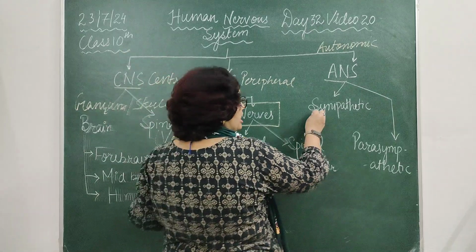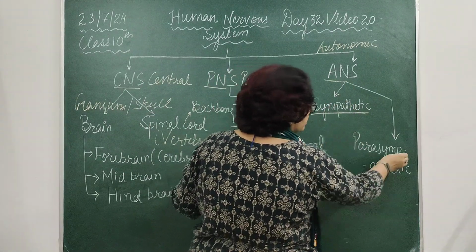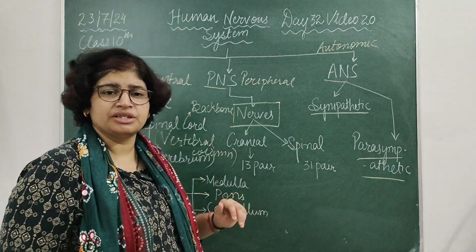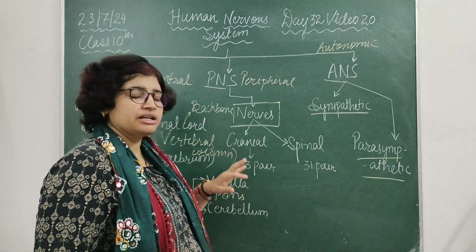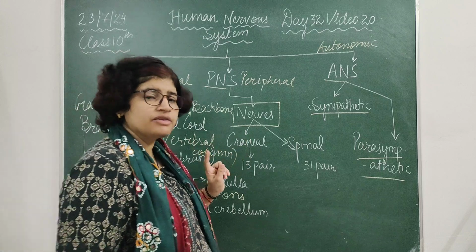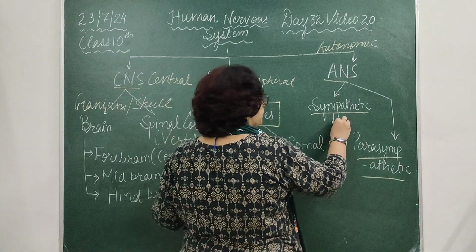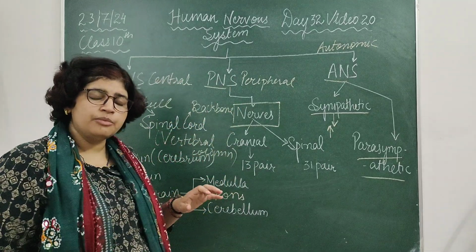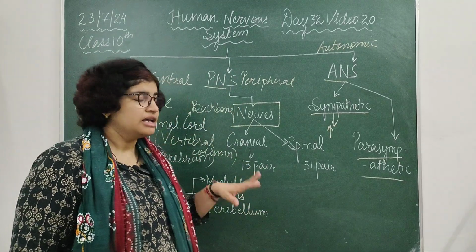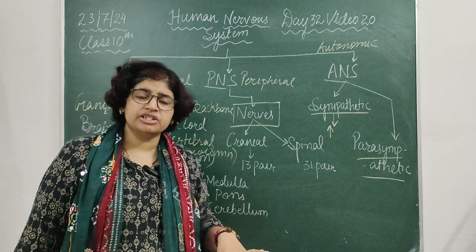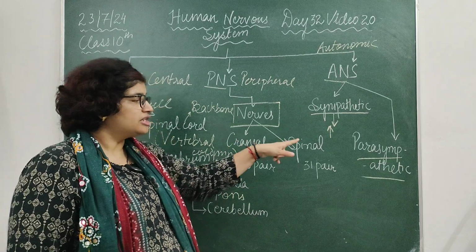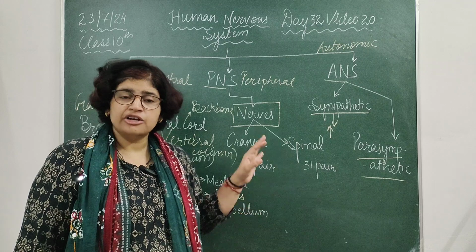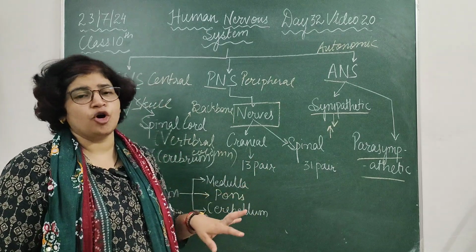So here we have two parts of autonomic nervous system. One is known as sympathetic and the other one is the parasympathetic. The sympathetic nervous system stimulates increase in heart rate during emergency situation. Whenever we overcome that emergency situation, the parasympathetic nervous system will get activated and it will decrease our heartbeat to normal.